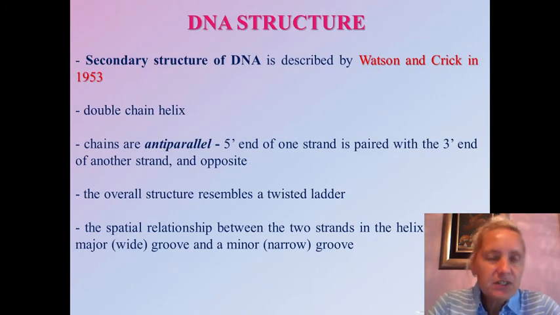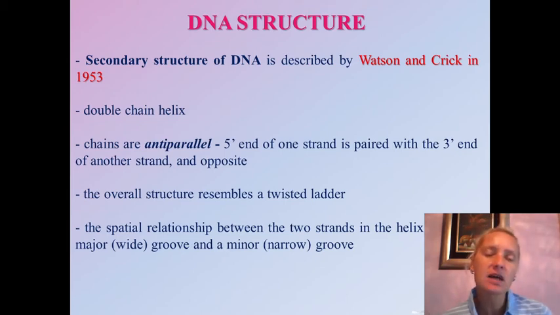So, the secondary structure of DNA was described by Watson and Crick in 1953, and for their discovery they were awarded the Nobel Prize. They proposed the complex structure of the DNA molecule that is familiar to us nowadays.